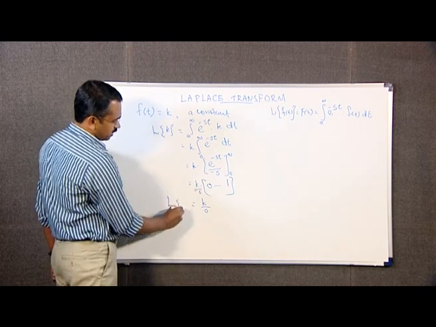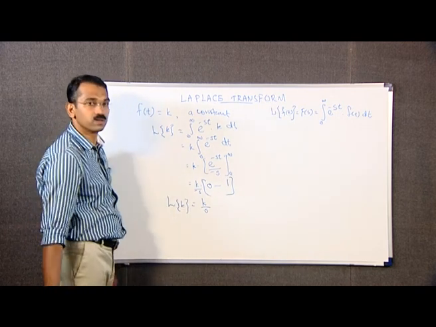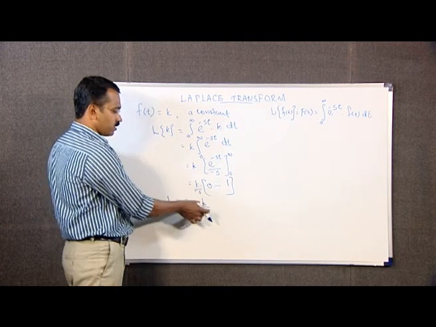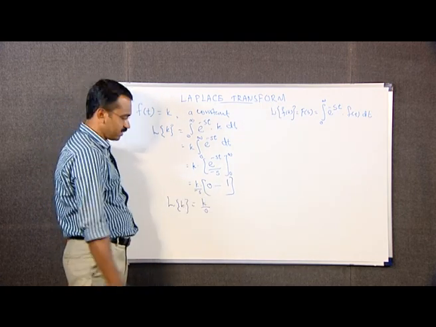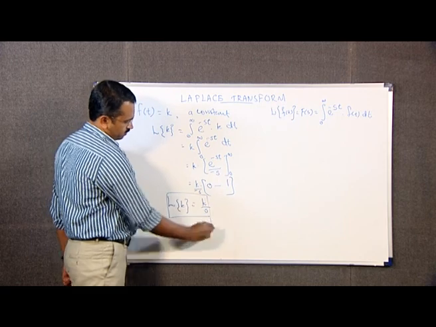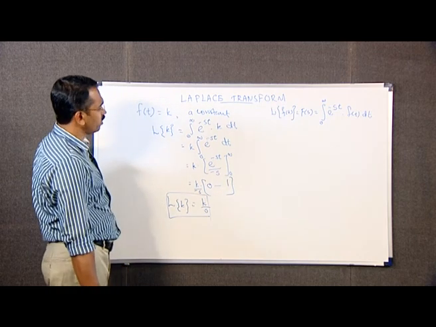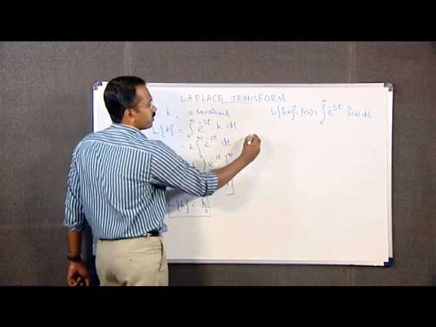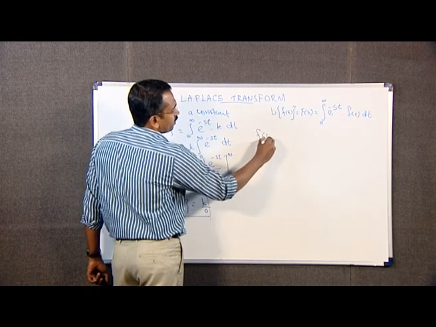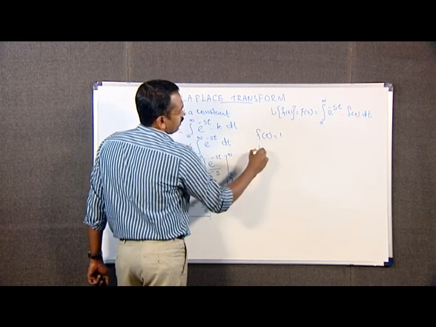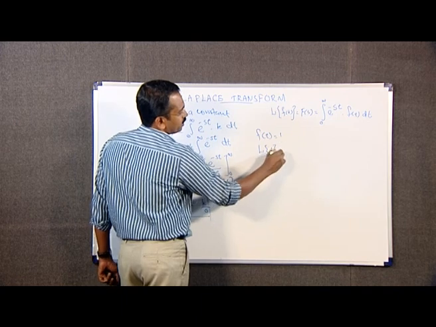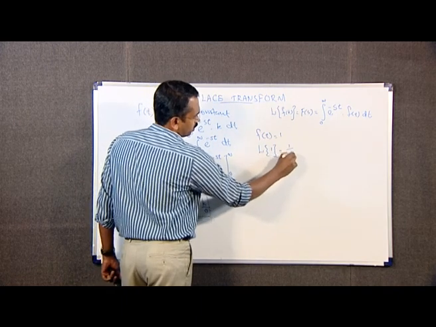That is, the Laplace transform of a constant is that constant divided by s. In particular, if k equals 1, we have the Laplace transform of 1 equal to 1 by s.